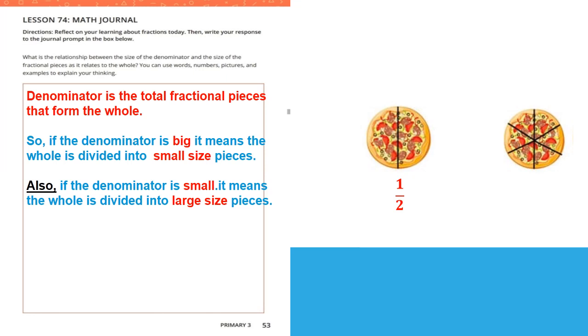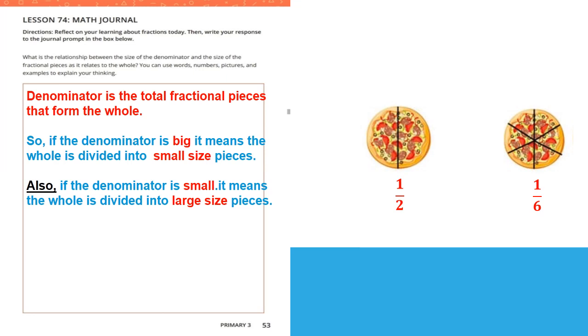And in the other pizza, the fraction of each part will be 1/6. Okay, so what is the relation here between the denominator and the size of each part?